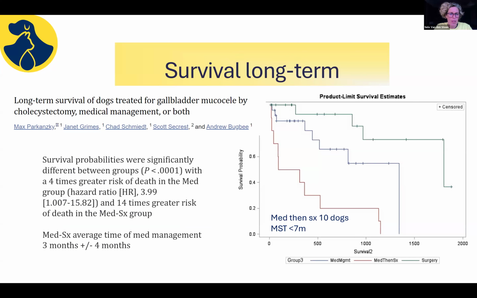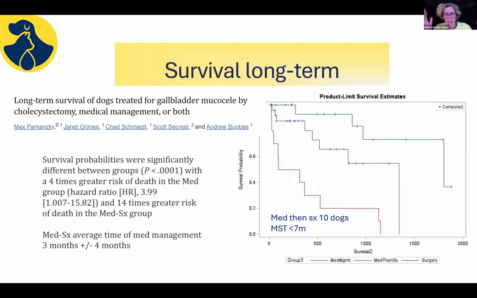So I thought I had put a third slide about this study in there, which basically showed the survival time if you look at all the patients from day 0 when a decision is made for surgery or medication. These stats are only looking at the dogs that survived the first 14 days.